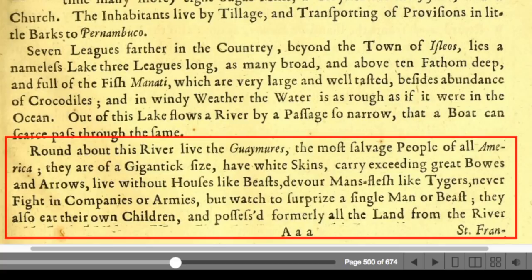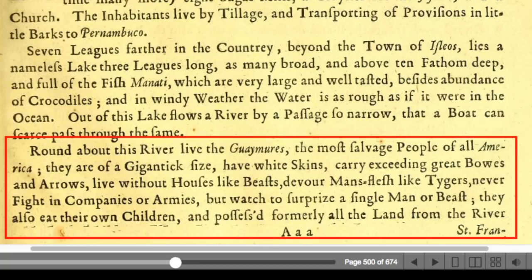And in windy weather the water is as rough as if it were in the ocean. Out of this lake flows a river, by a passage so narrow that a boat can scarce pass through the same. Round about this river live the Guayamures, the most savage people of all America.